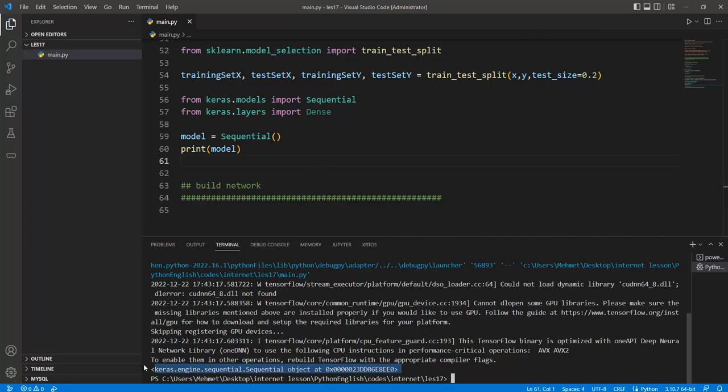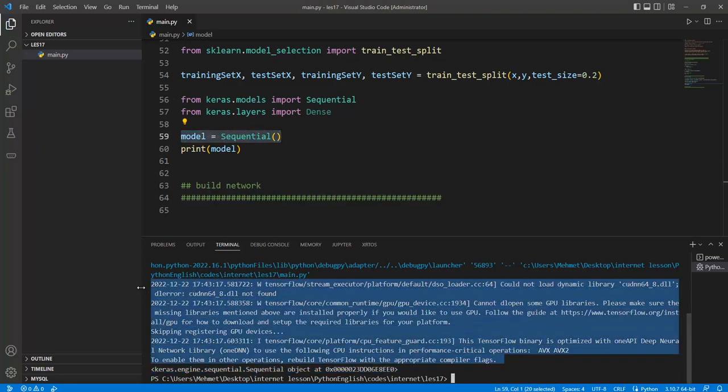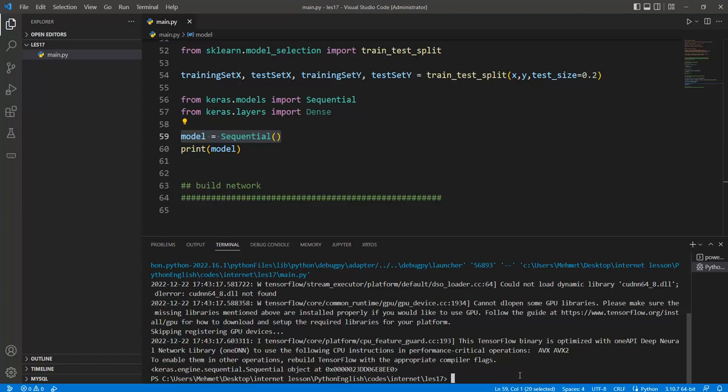This is what the keras.engine.sequential object written on this page means. Ignore this TensorFlow error because it's directly related to CUDA or multiple core usage, but we don't need to apply multiple CPU usage at this moment.